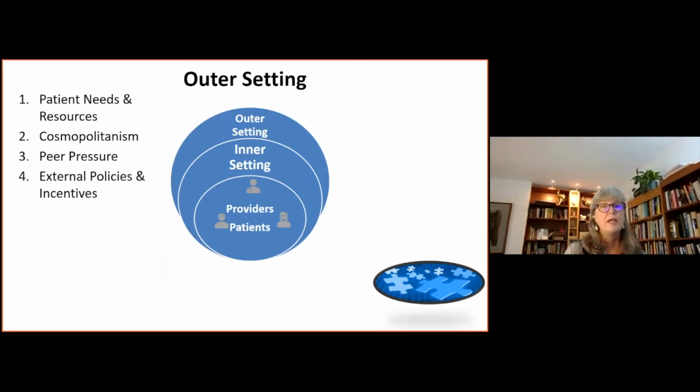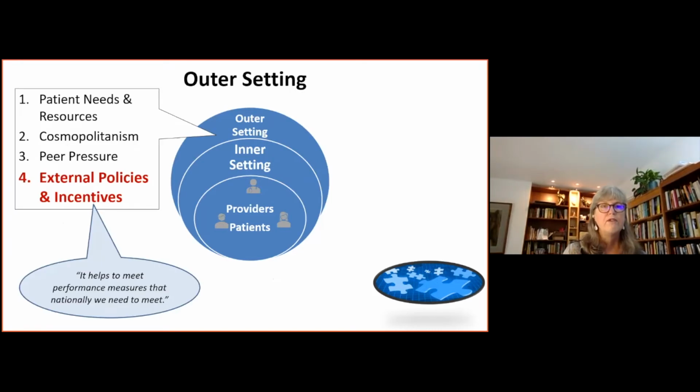The next domain is the outer setting. And there are many dynamics that emanate from the outer setting and that affect how things are done, how decisions are made within the inner setting. So for example, within the VA, we have performance metrics that need to be met. And when we were doing this, there were performance metrics around referring patients to weight loss programs or weight management programs.